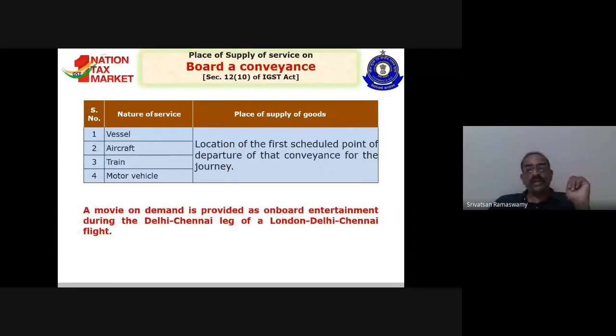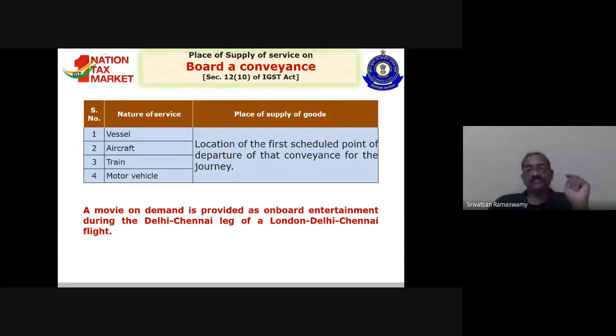Here, a movie on demand is provided on board as entertainment during the Delhi-Chennai leg of a London-Delhi-Chennai flight. See, what happens here is that there is a flight from London to Chennai and a passenger has been provided with in-flight services for the leg between Delhi and Chennai. He has not boarded in London. He has been provided with the services from Delhi to Chennai.